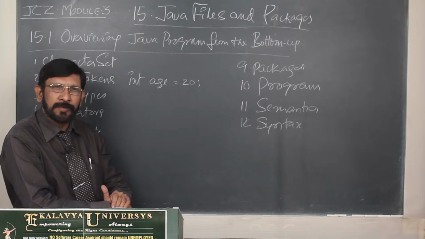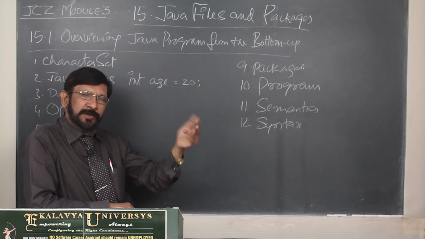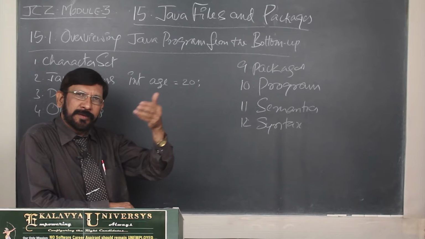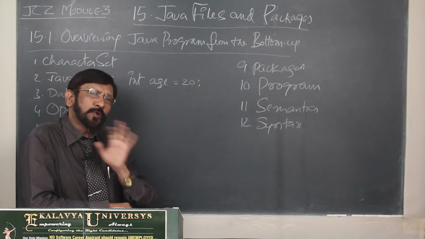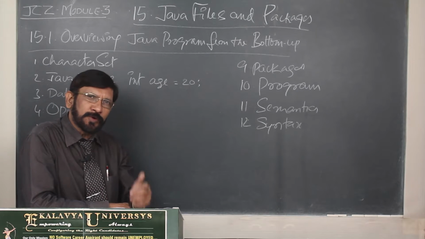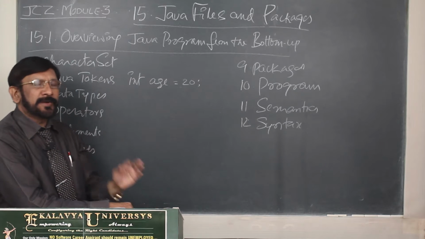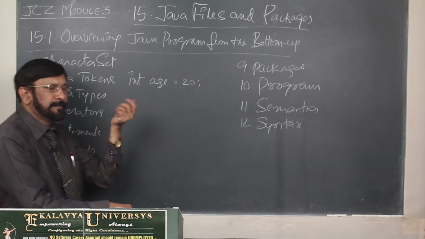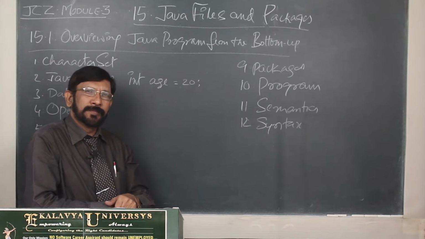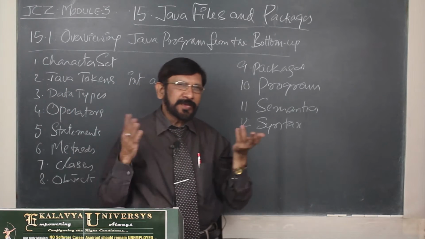Take variable: in mathematics also a variable is there, and in programming languages also a variable is there. The meaning is totally different, the purpose is totally different. That is why I want you to know the real meaning of the term. Actually, names I cannot change.